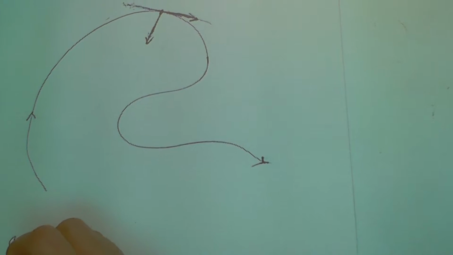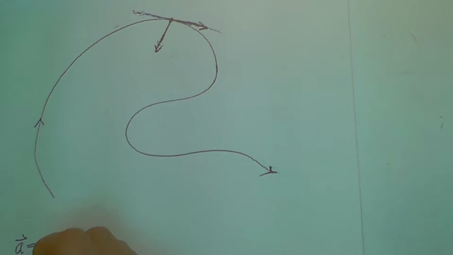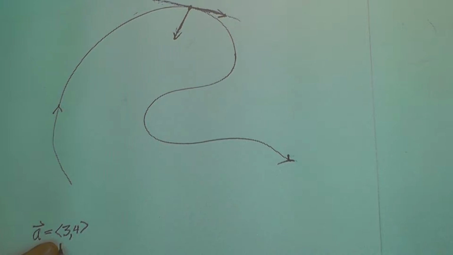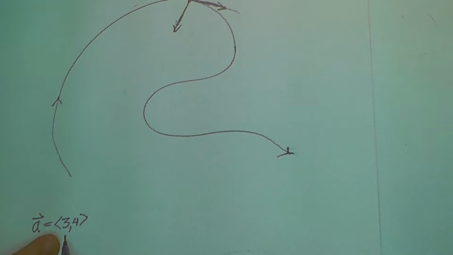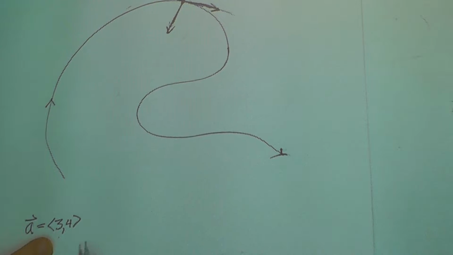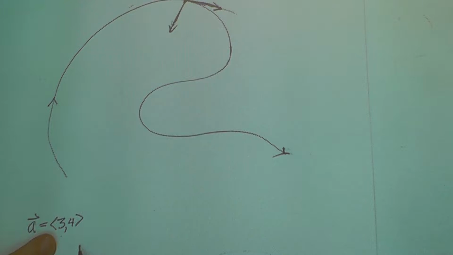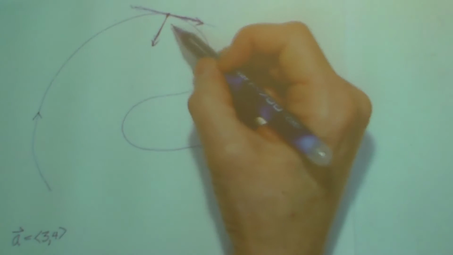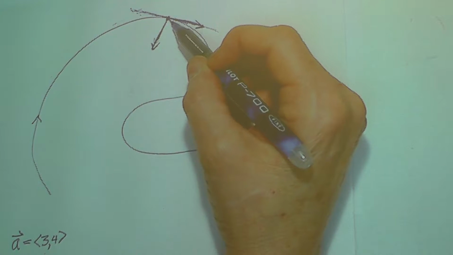When I write acceleration as a vector, these are the components in the x and the y directions, or if it's in 3 dimensions, x, y, and z directions. That is totally irrelevant to what's going on here.